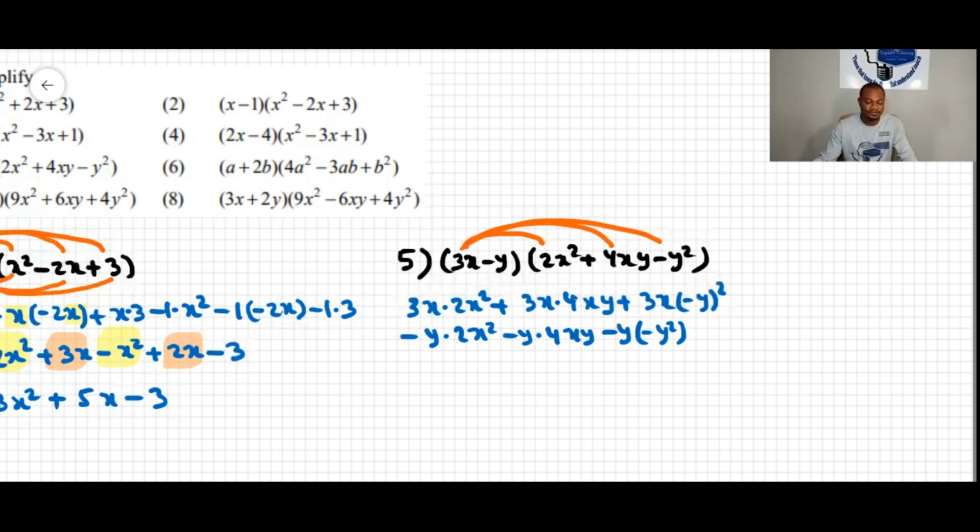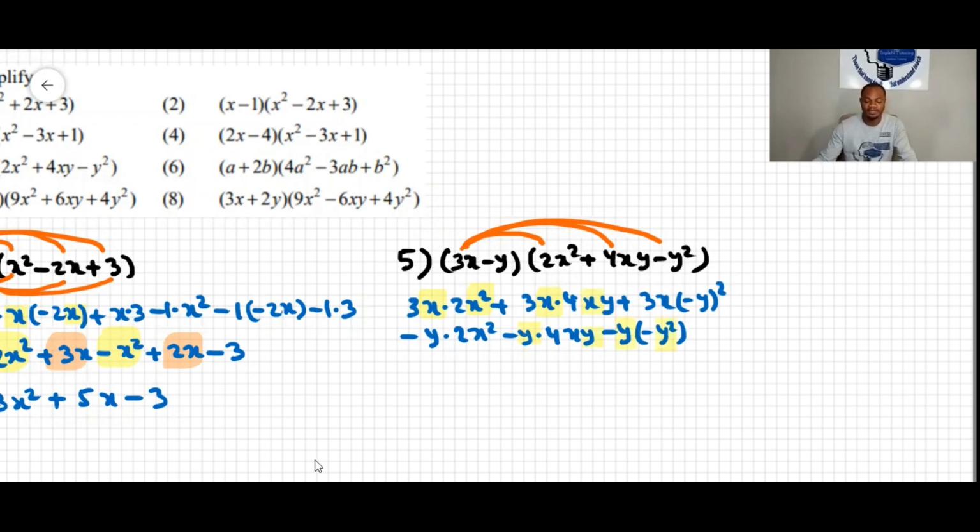Now, in the first line here, we can notice that we have x here and x squared there. We can combine these in the products, this one and that one. We have y over here and y over there, and y here and y there.